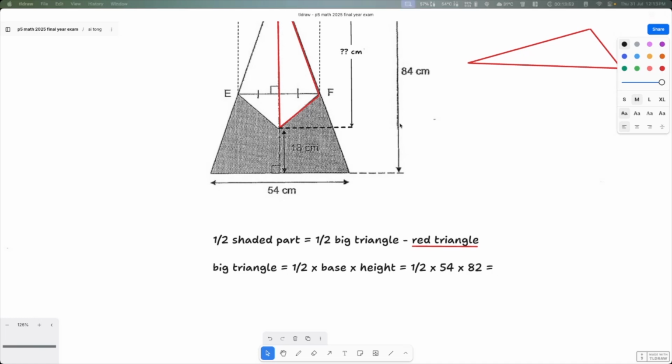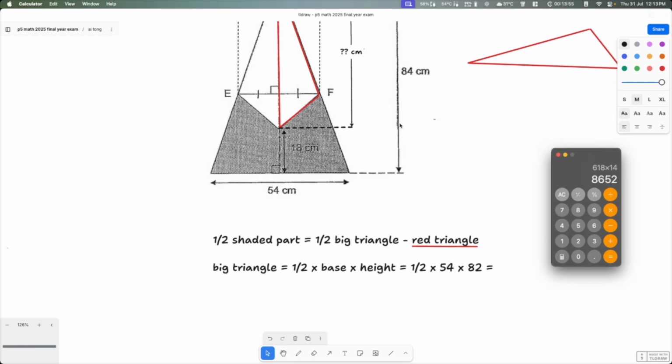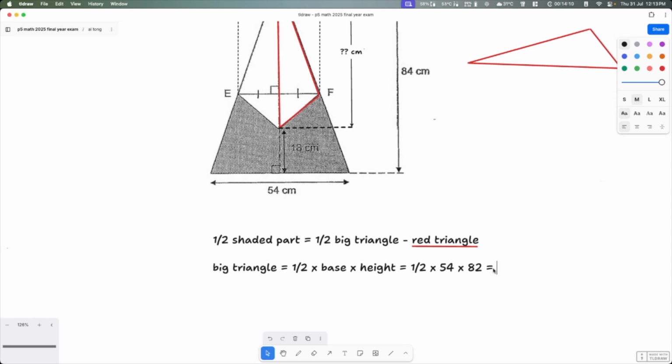We use the calculator: 54 multiplied by 82, then divide by 2, and this will give you 2214 centimeters squared.